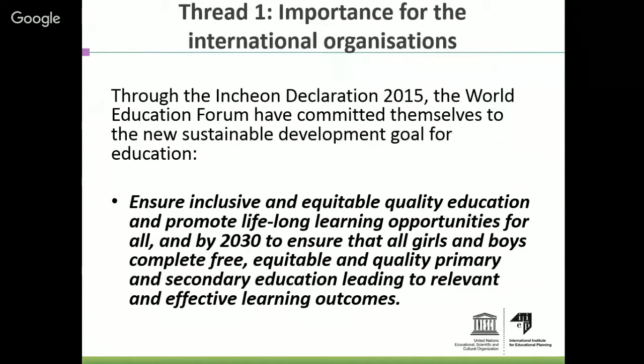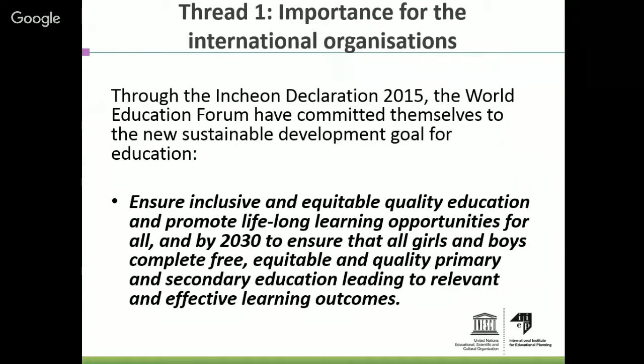The activity has been divided in 3 threads, and the first thread was the importance for the international organizations. In the global community, education is more and more seen as the most important driver for development and growth. This is also why education for all has been an important part of the 2015 Millennium Goals.